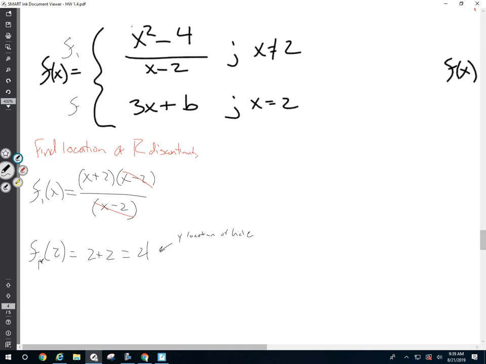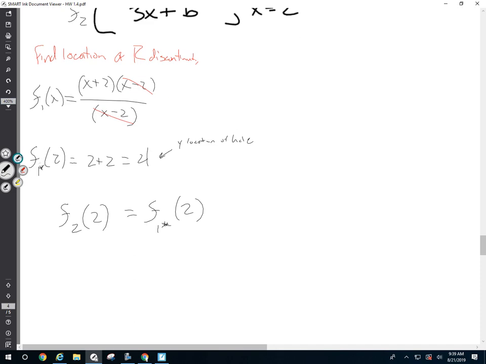Well, this second piece has to equal the first piece's location of the hole. The second piece at 2 is 6 plus b. The location of the hole is at 4. B's got to equal negative 2.